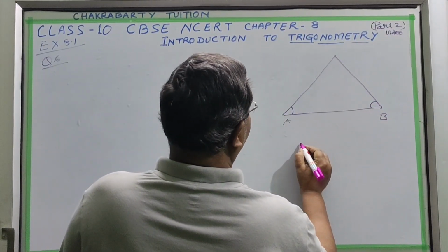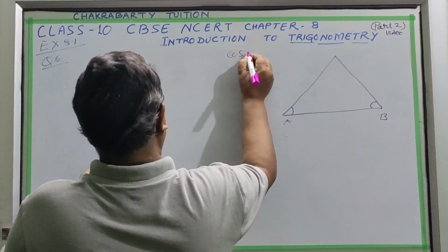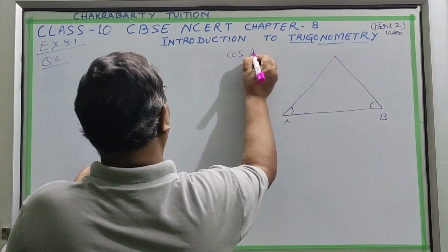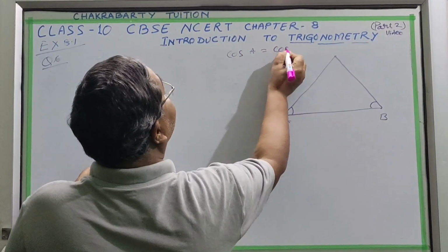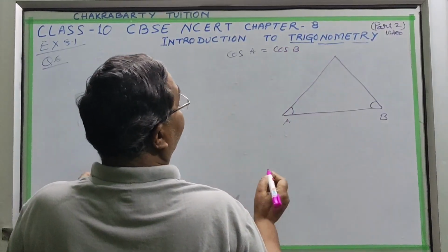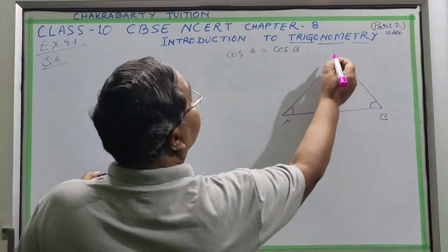What they are saying is cos A equal to cos B. So how will we know cos?